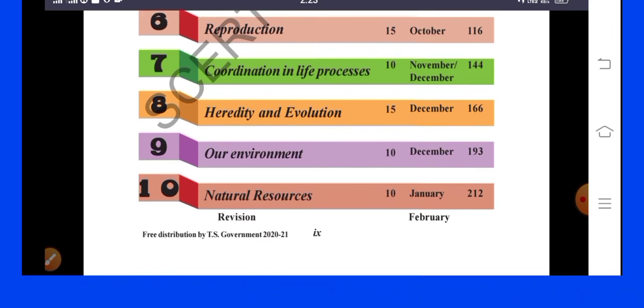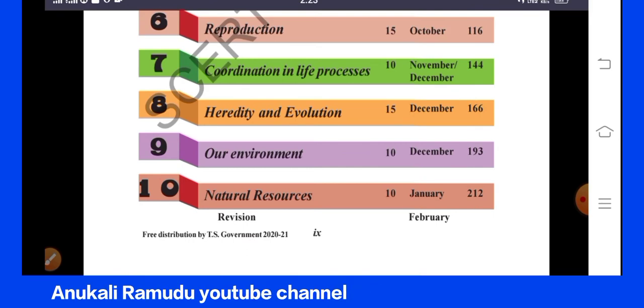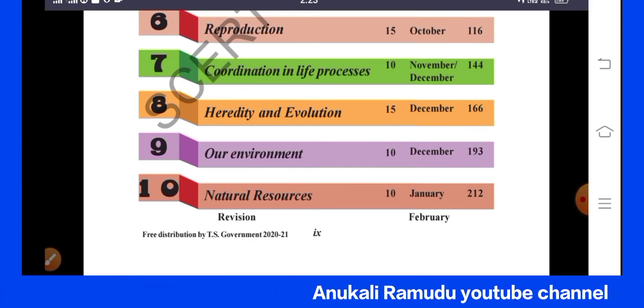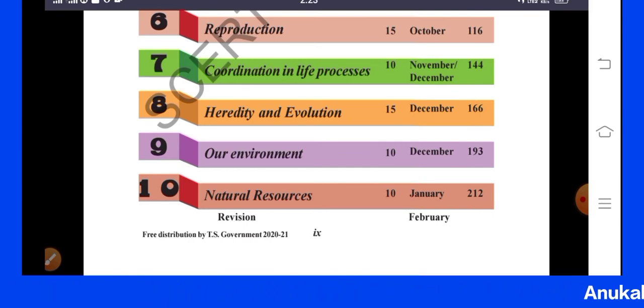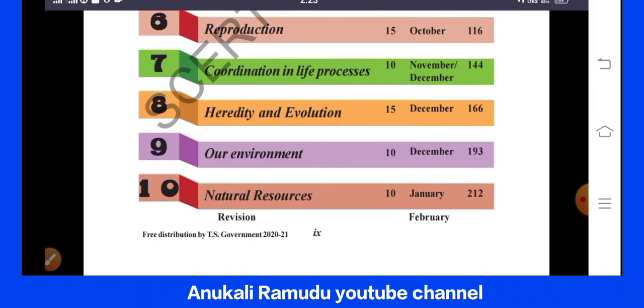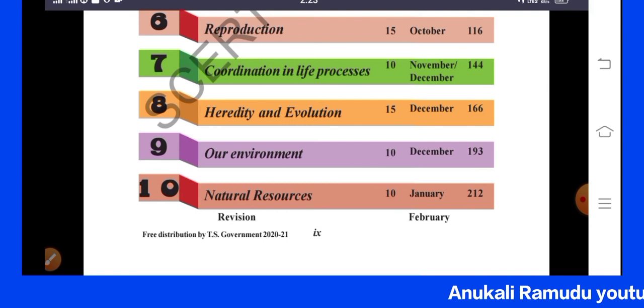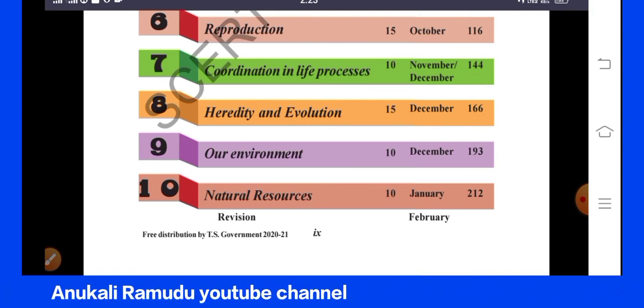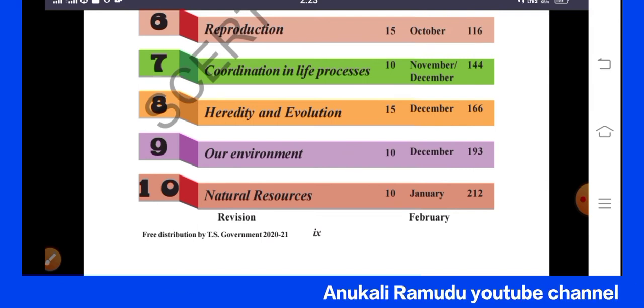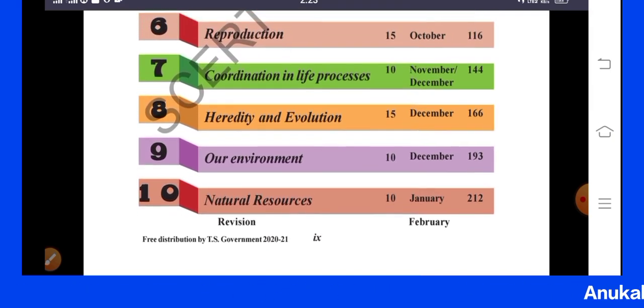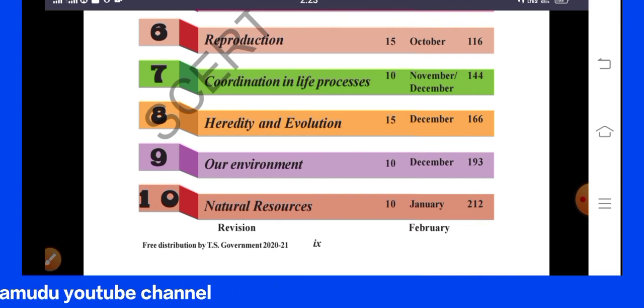Next, go to the 8th chapter. What is the 8th chapter? Heredity and evolution. This chapter mainly describes how characteristics are transferred from parents to children, generation to generation, and how evolution has occurred from ancient, middle and modern times. Human evolution and other organisms' evolution we will study in this chapter.